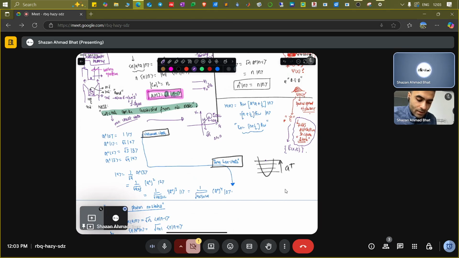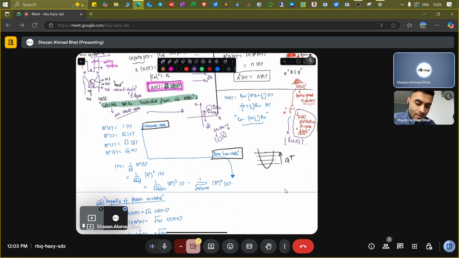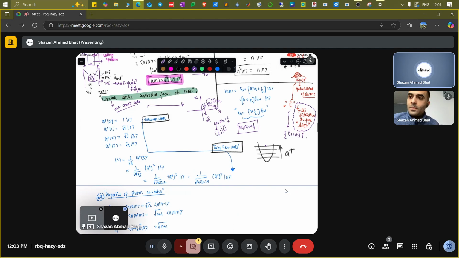Delta x1 times delta x2 is basically 1 by 4, and this is 1 by 2 each, so this is the minimum uncertainty state. Because delta x1 delta x2 can be greater than or equal to 1 by 4, at minimum it can be 1 by 4.